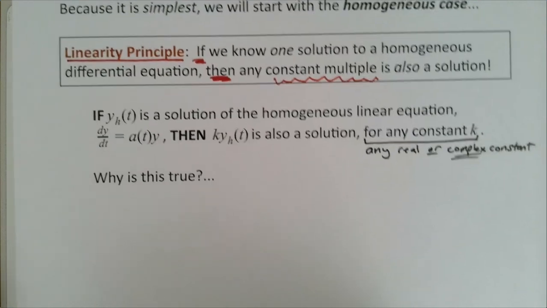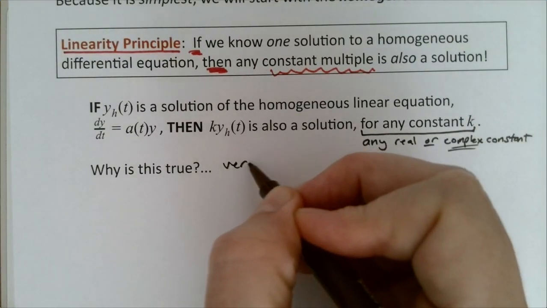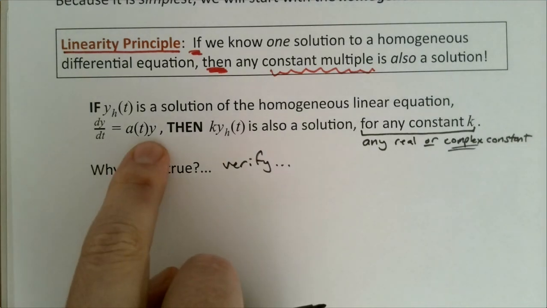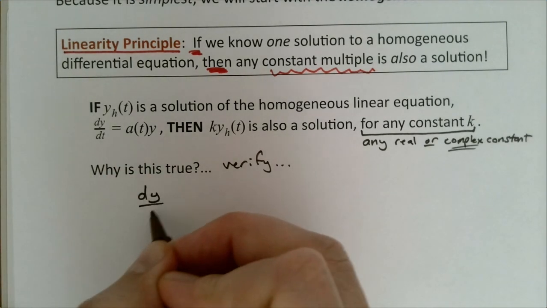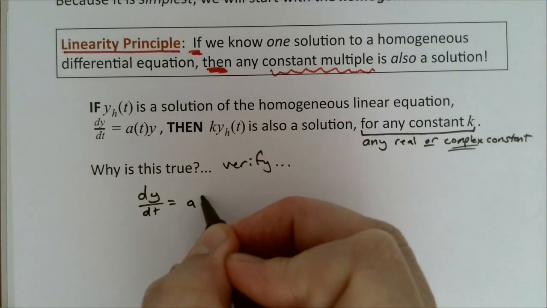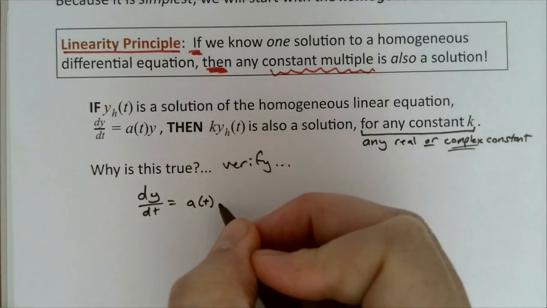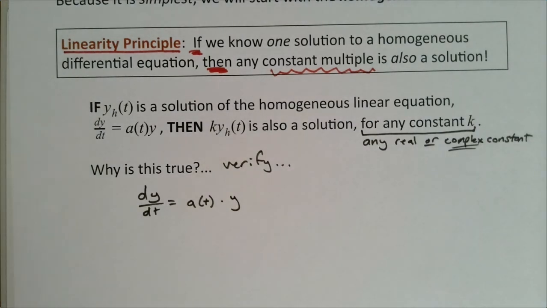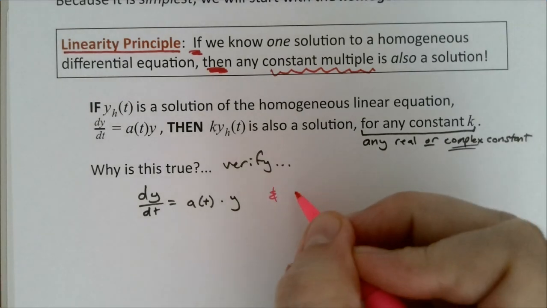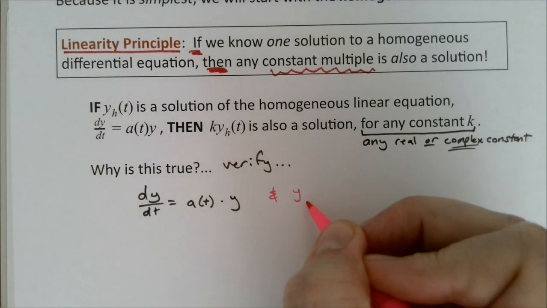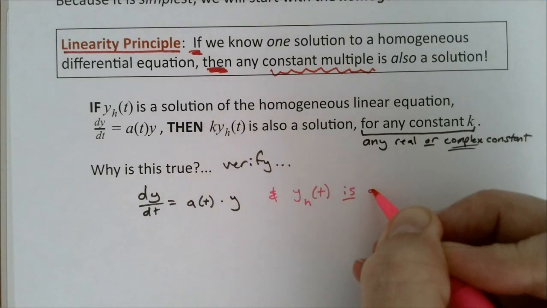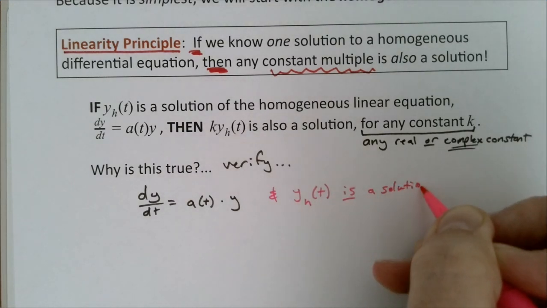So why is this true? Well, let's verify. Let's see how this works. So we're going to start with our differential equation. We've got dy/dt equals some function a of t times y. If that's the case, and let me get a different color here, and we know that y sub h of t is a solution, right?